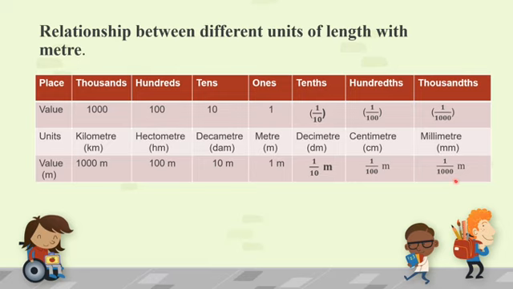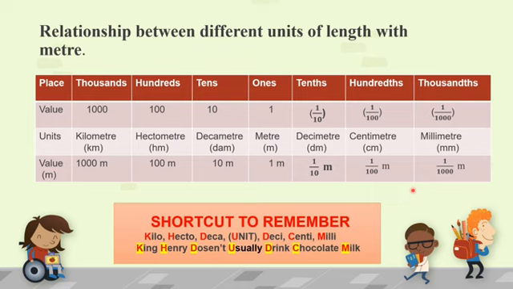Now, in the previous session where we understood how to convert higher to lower unit, I also gave a shortcut method to understand the arrangement of these units in this order. That same shortcut we will repeat over here so that you can remember kilo, hecto, deca.